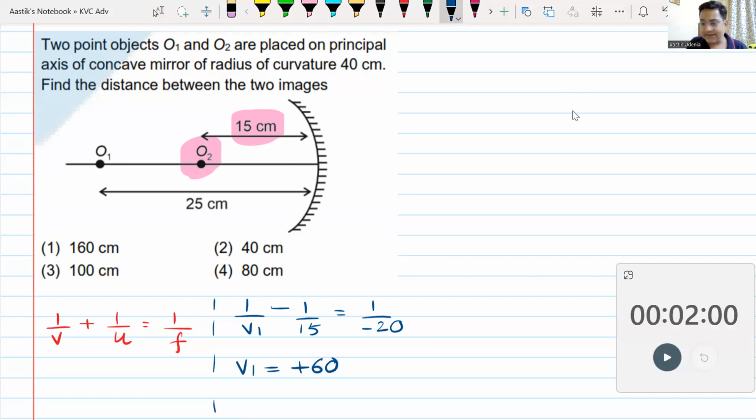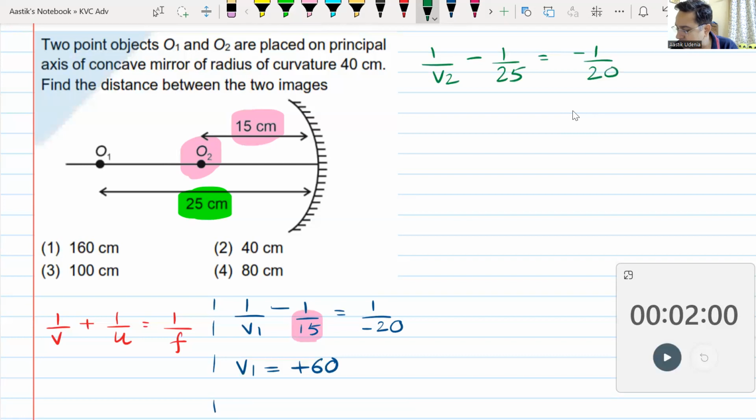In the second case, this was the first case where U was taken as 15. In the second case, your U should be taken as minus 25. So 1 by V2 minus 1 by 25 will be equal to minus 1 by 20. From here, if you calculate the value of V2, it will be coming as minus 100.